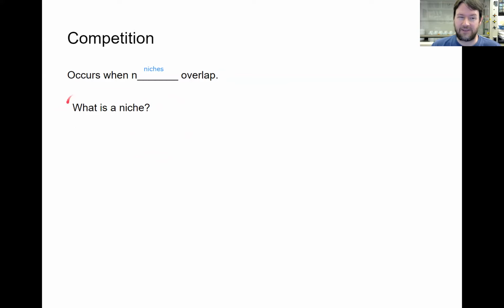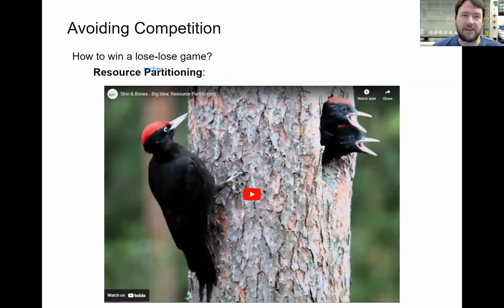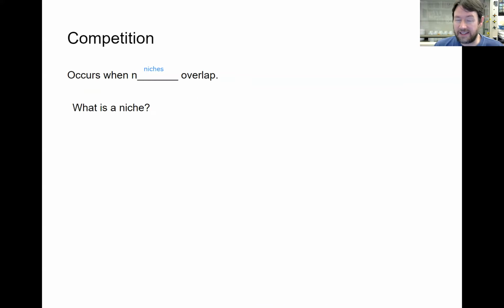We could think of different variables that define a niche, but these niches aren't completely unique to a given species. Sometimes they might overlap. And whenever niches overlap, you're going to get competition, and there's the possibility of competitive exclusion, especially if one organism's niche is much bigger and encompasses the niche of another species.